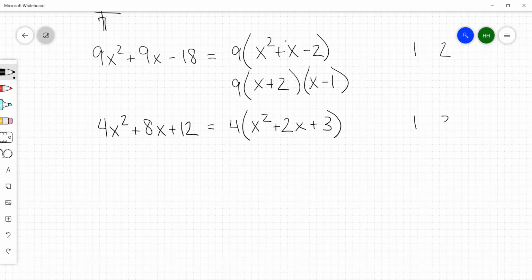You got a 1 and a 3. But since this 3 out here at the end is positive, both of these have to be positive, or both of them have to be negative. It's not going to work, is it?